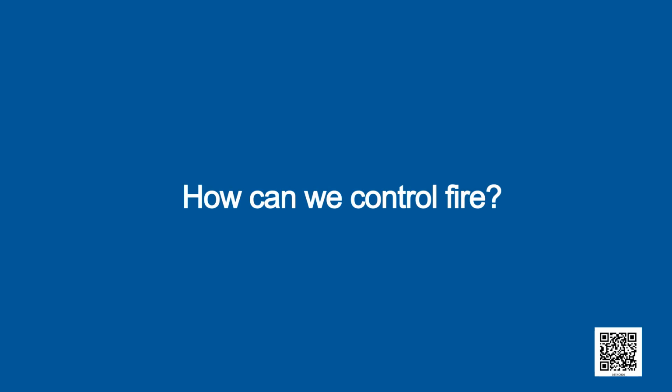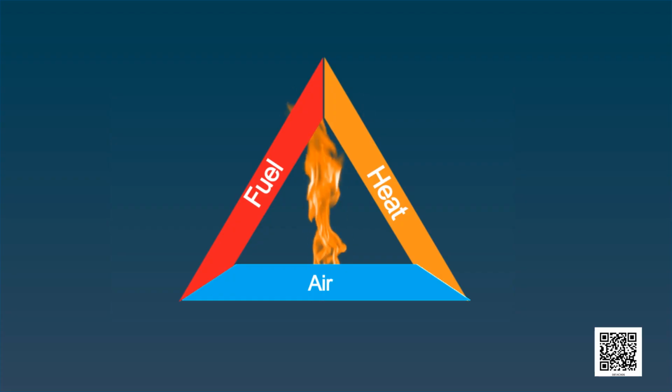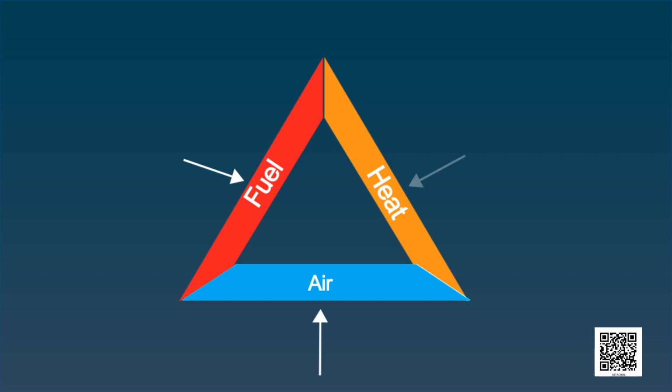Now let's see how we can control fire. But before that, it is important to know about the conditions which are necessary for burning. The first thing necessary is the combustible substance or fuel. The second one is air and the third is heat to raise the temperature of the fuel beyond the ignition temperature.